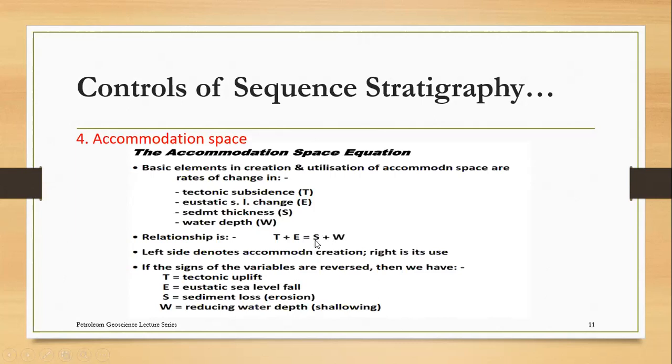And then sediment thickness and water depth are telling you something about accommodation use. So the reverse will be the case if we change the sign. The tectonic that was subsidence initially will now be uplift, so instead of creating accommodation space, it is closing it up. The eustatic sea level fall also, instead of creating accommodation space as in the case of sea level rise, you see it closing it up. The same thing applies to sediment loss, which will be the erosion, and then water depth reduction, which is shallowing.